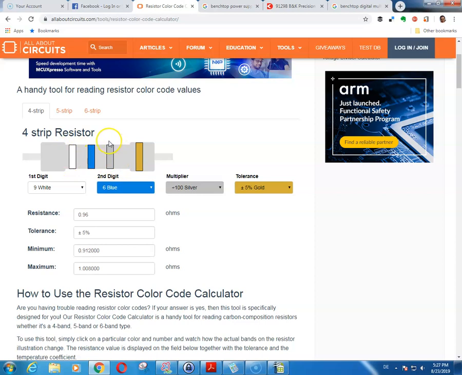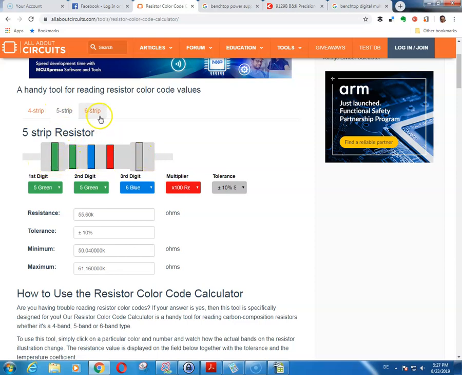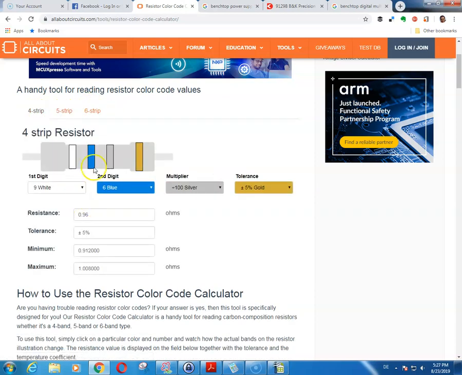This is all provided that you have 4 bands on the resistor, because there are some resistors that have 5 strips or 6 strips, and so on and so forth. Provided that you have 4 strips, the first 2 are the first digit and the second digit. The third band is the multiplier.